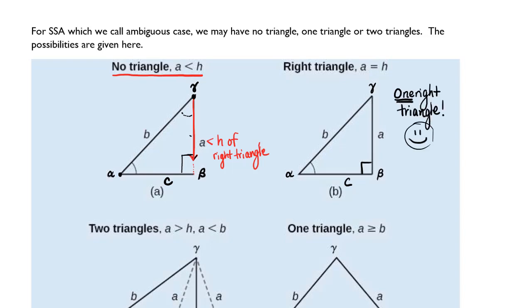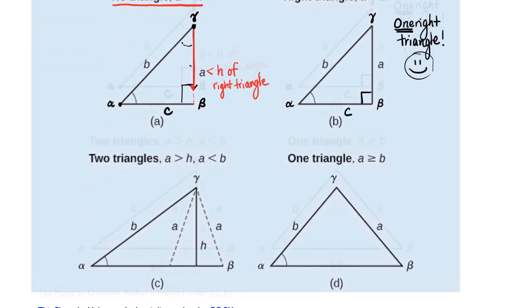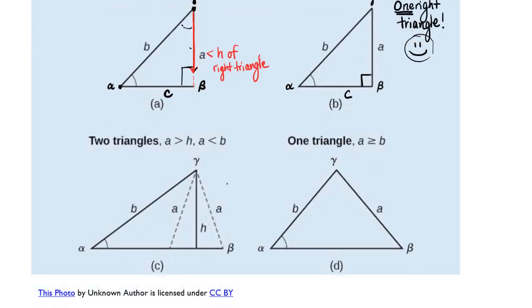The next case is probably the most challenging one to wrap your mind around the first time you see it. In this case, we have a rotation of the angle gamma, and as you can see, the side A is greater than the height of a triangle.